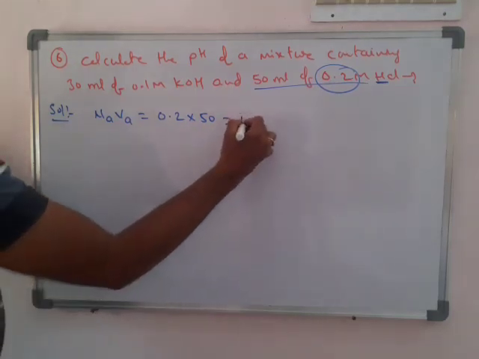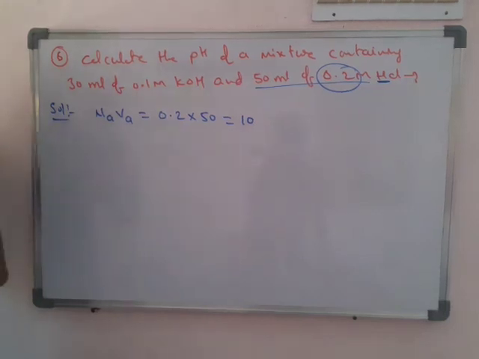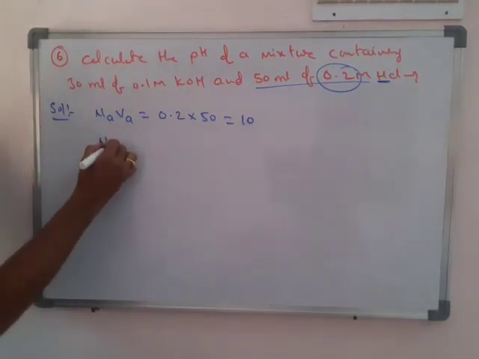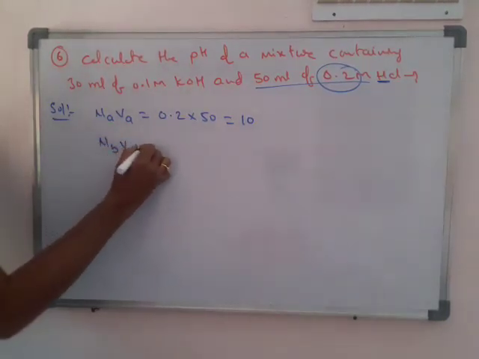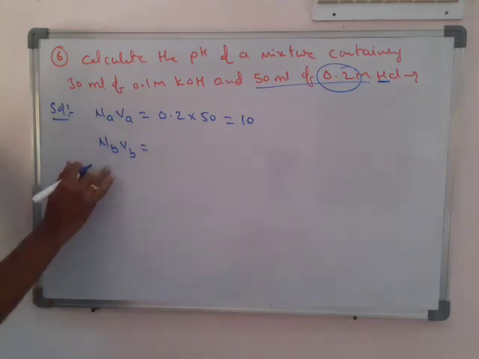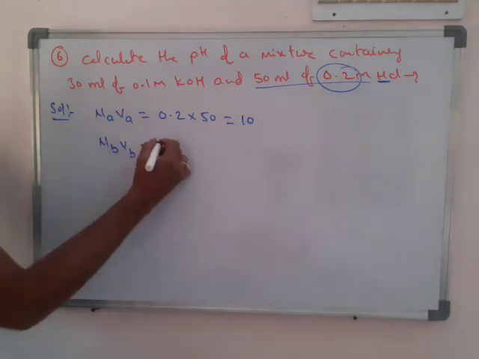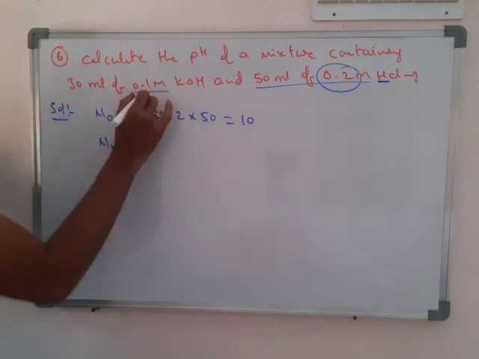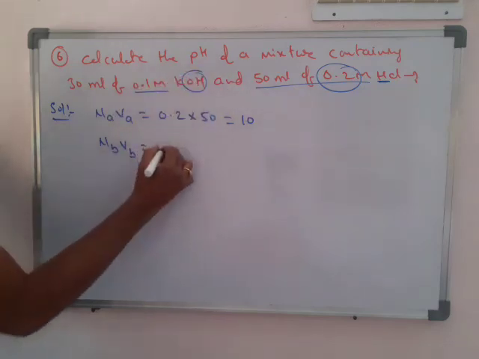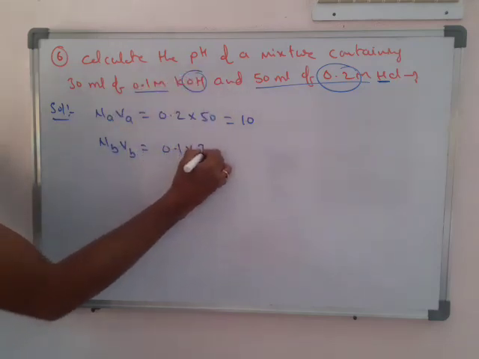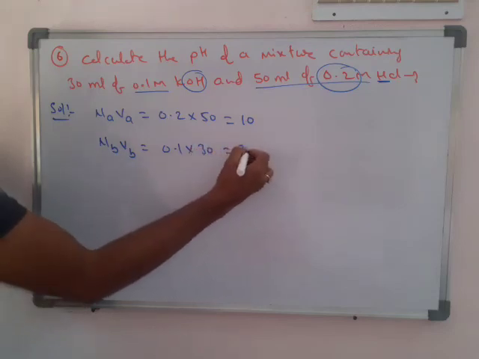So here we get 10 millimoles. Next, what is the base millimoles? Sorry, milli equivalents. Milli equivalents of base, how much? It is given as molarity, but its acidity is 1, so directly we can take it as normality. It is 3.